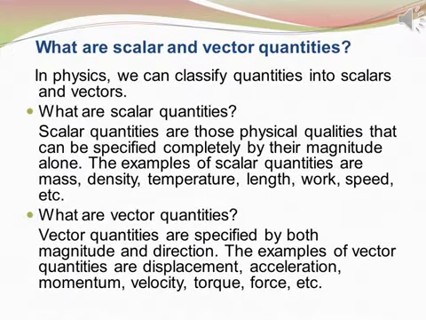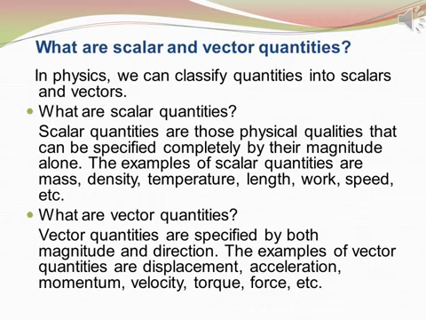In an earlier session, you studied that physical quantities are broadly classified into scalar quantities and vector quantities. I ask you the same question again. What are scalar quantities? Scalar quantities are those physical quantities that can be specified completely by their magnitude alone.